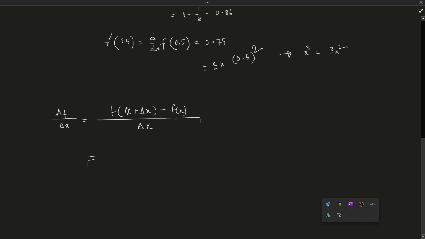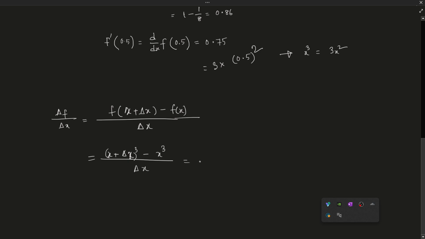So it's x plus del x whole cube minus x cube by del x.